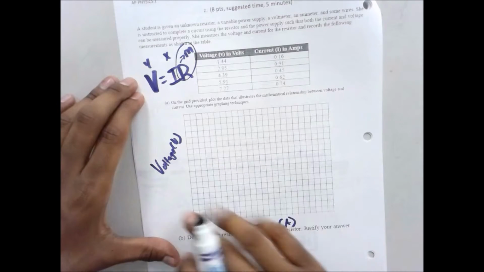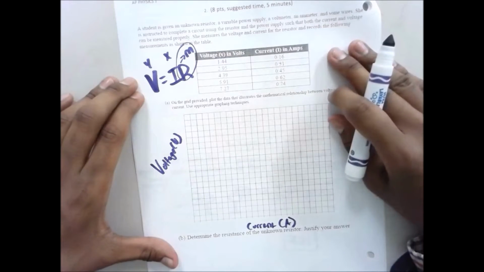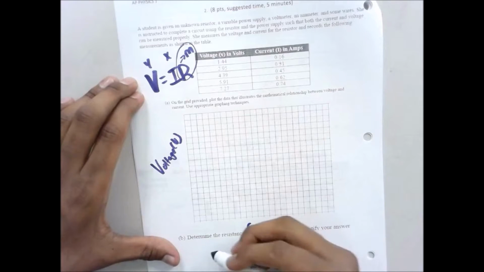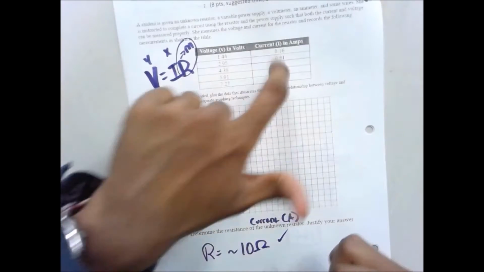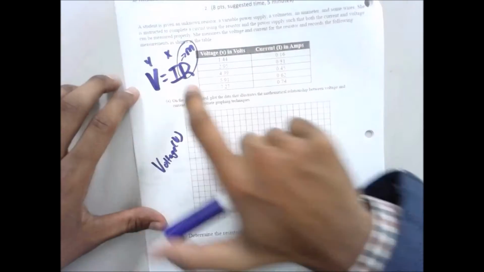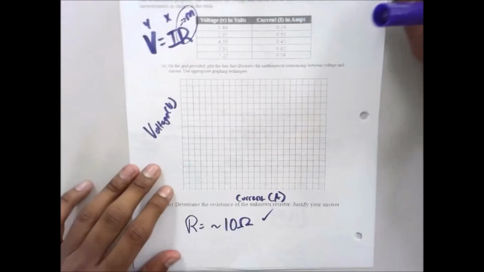Many of you plotted the points and then figured out the slope. And the slope was around 10 ohms. You looked at the rise over the run. That's great. That is exactly what I want you to do here. You linearized a data set and you determined the resistance based off of a mathematical relationship. Easy money. Okay? Moving on.